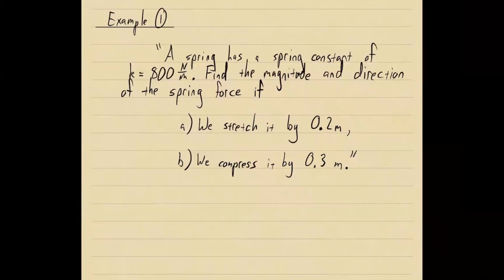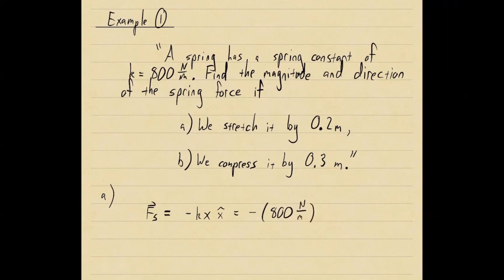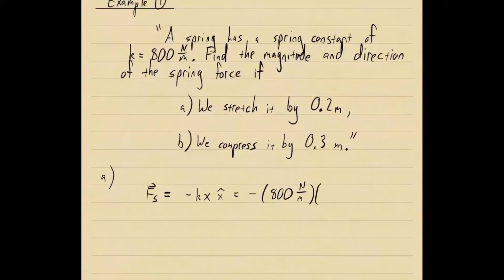All right, to start with, let's look at part A. Trying to find the spring force, a good place to start is to use Hooke's law, which is that the spring force is equal to minus kx in the x direction. This is going to be equal to minus k, which is 800 newtons per meter, times a displacement of 0.2 meters to the right.